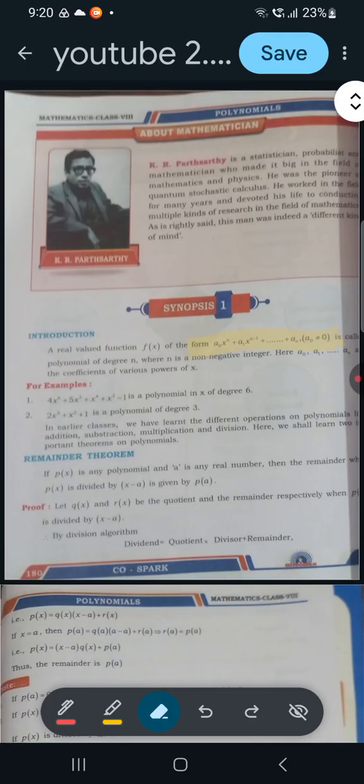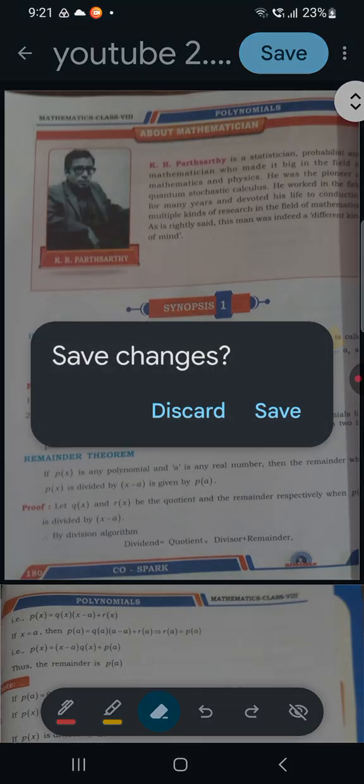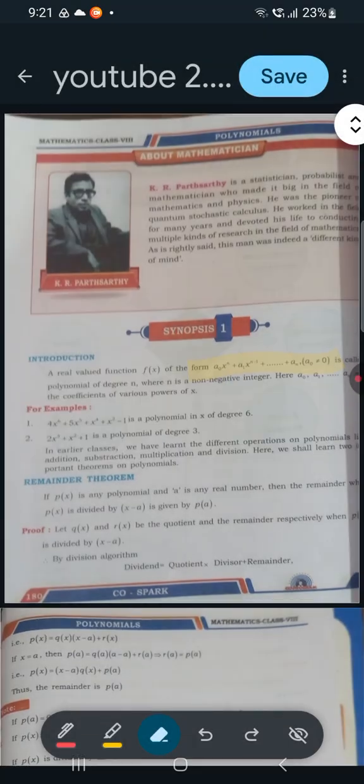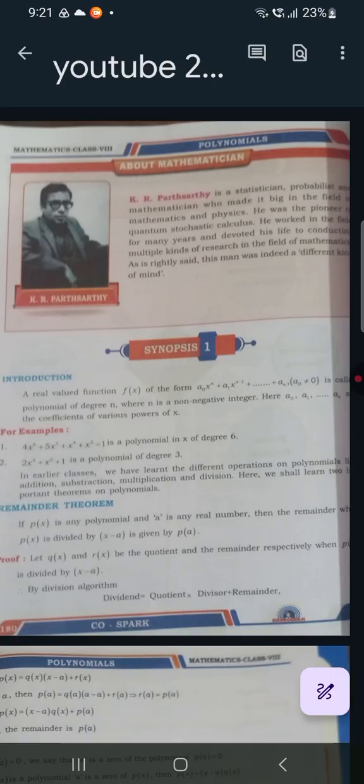Here we are going to start from the remainder theorem. Remainder theorem is the first topic.